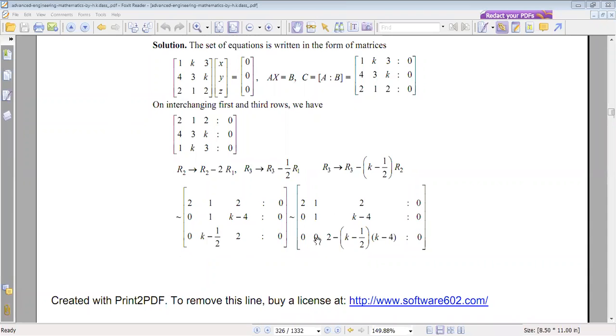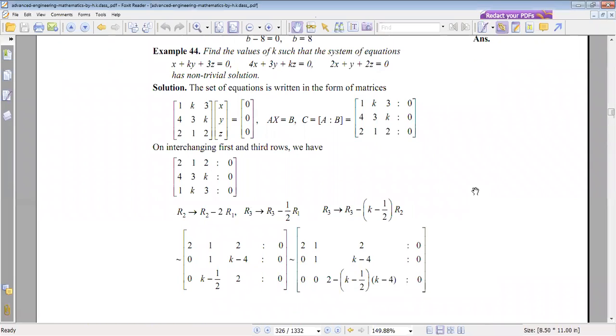Okay. So this is already 0, 0 minus 0, again it will be 0. Now row 3, that means 2 minus k minus half into k minus 4. Now it is in the echelon form or triangular form.